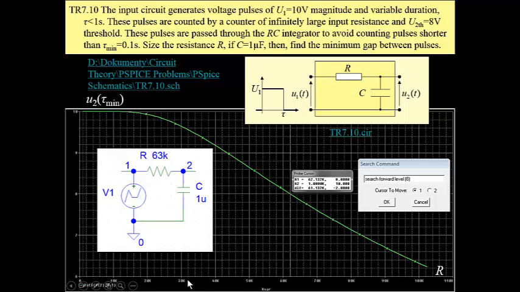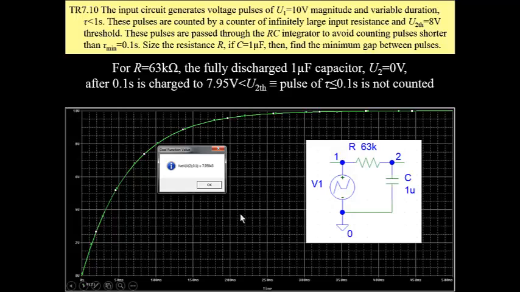We have the variable resistance on the horizontal axis, and on the vertical axis the voltage at this time instant. Then we are looking for the level of 8. At this level, the value of resistance is as calculated before. That way we have confirmed that our manual calculations are correct.